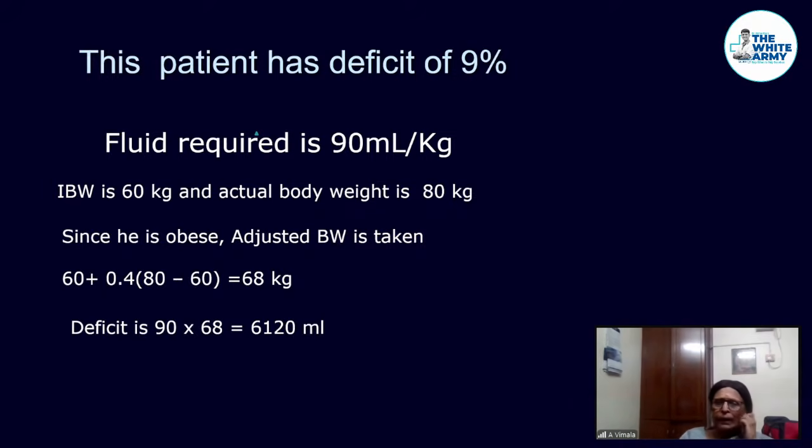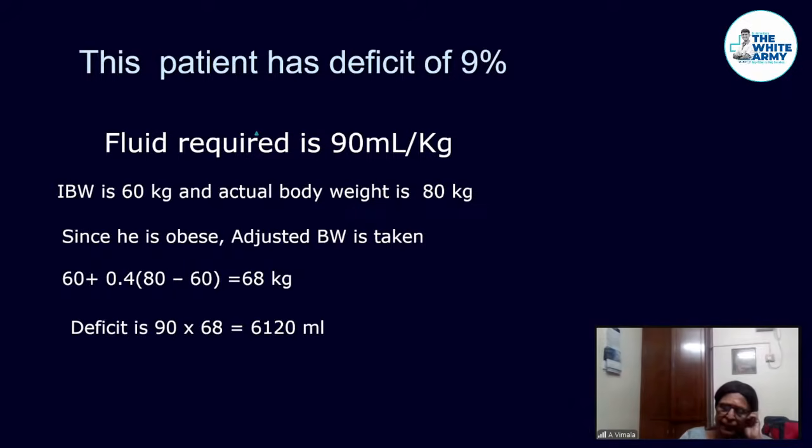We saw that her ideal body weight is 60 kg and her actual body weight is 80 kg. Since he is obese, the adjusted body weight is taken. If you remember the first few slides, it is ideal body weight plus 0.4 into actual body weight minus ideal body weight. That gives a value of 68 kg.